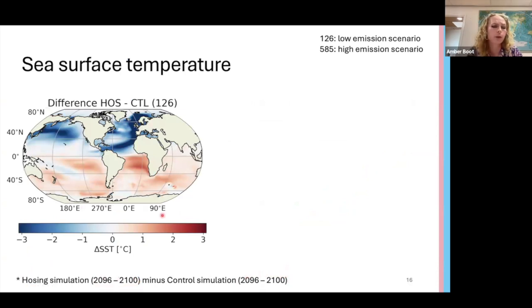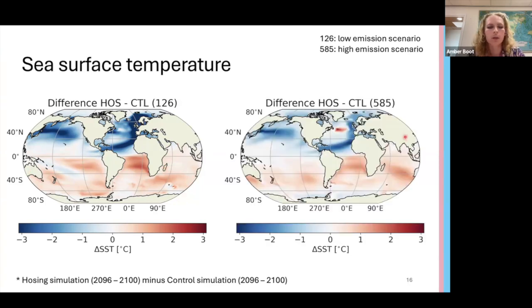Here we see sea surface temperature, and we see this clear regional pattern we expect from an AMOC weakening, where we see this clear cooling in the northern hemisphere and warming in the southern hemisphere. So this is for the low emission scenario, and this is for the high emission scenario. And we see very similar patterns, though the amplitude is a bit smaller here in the high emission scenario.